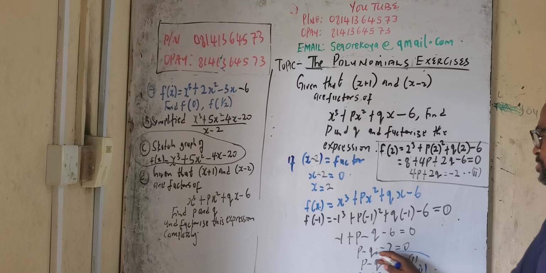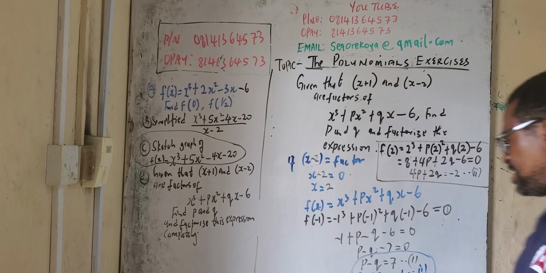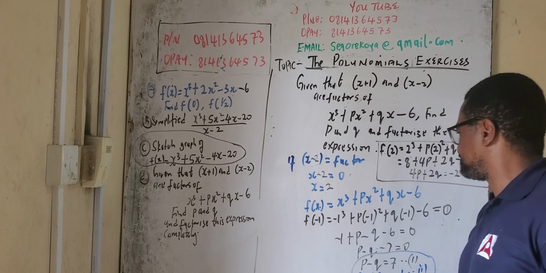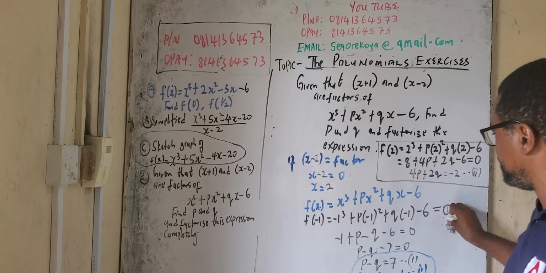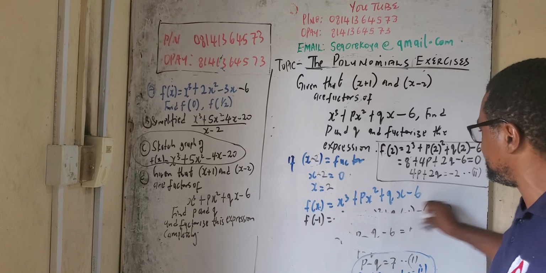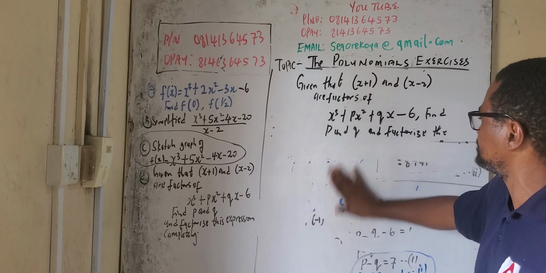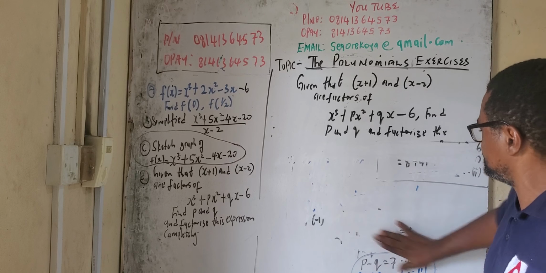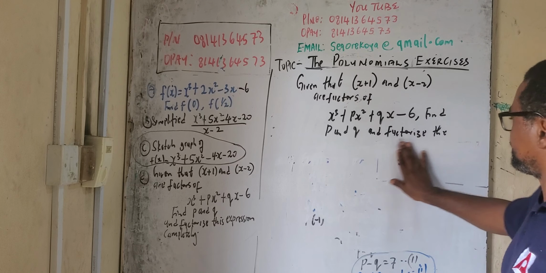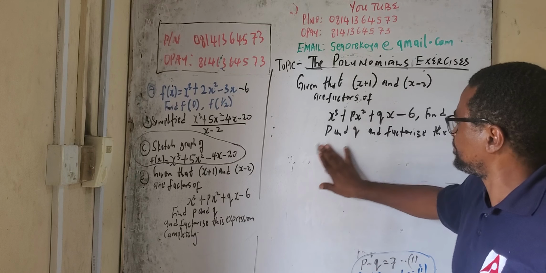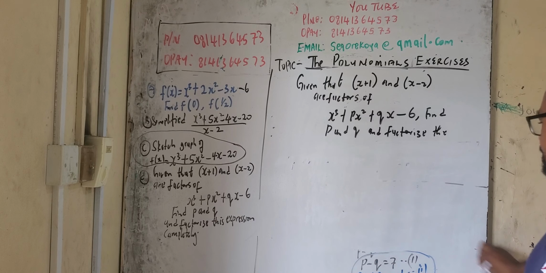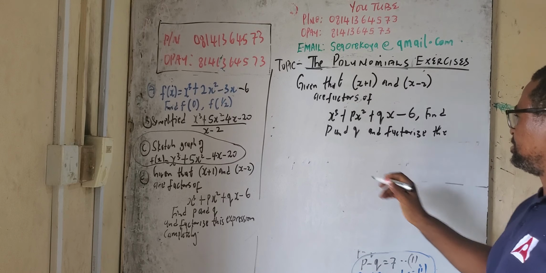So I'm going to solve these two equations now. Let me clean the board for space. Since I've gotten the equations, I want to solve for p and q. Let me write those two equations.